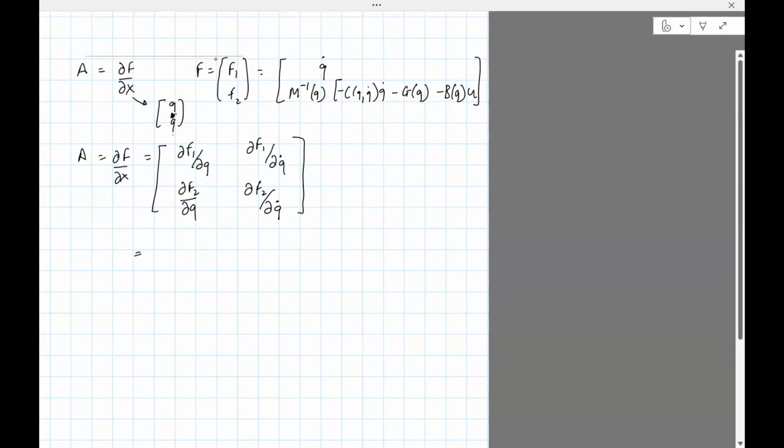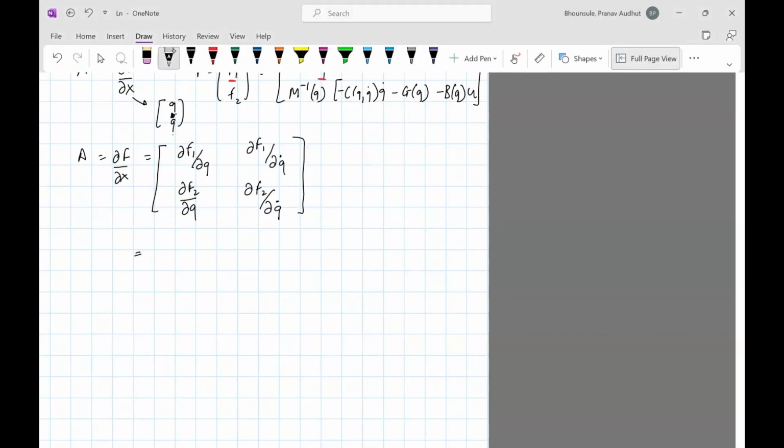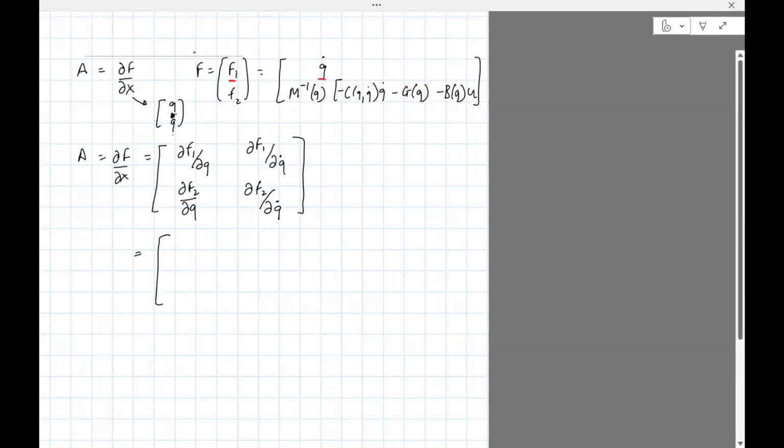So what's f1? F1 is q dot. When you take the derivative of q dot with respect to q, you'll get 0, because q dot is velocity and you're taking the derivative with respect to position. Then we have f1 with respect to q dot. So velocity with respect to q dot is simply 1, or identity, depending on how many q's there are. If there is more than 1 degree of freedom, then you'll have an identity matrix.